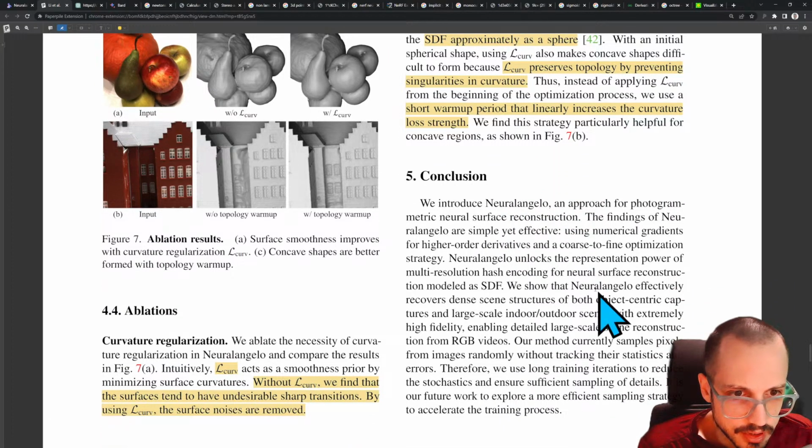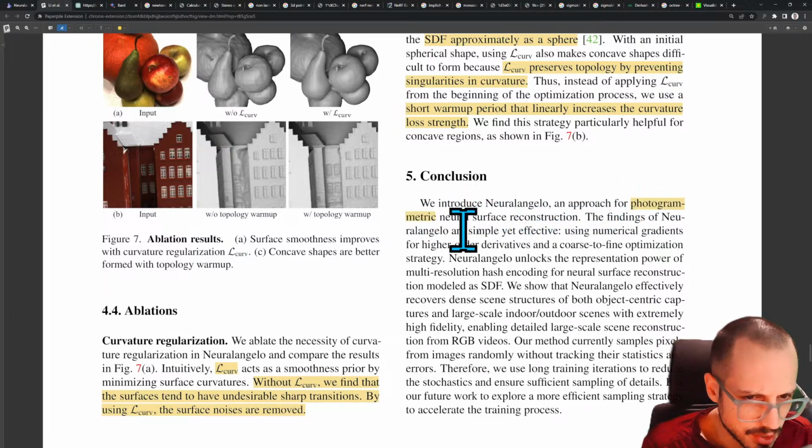Conclusion: we introduced Neuralangelo, an approach for photogrammetric... Is this even a real word? I feel like I would have used photogrammetry-based, or I would have just said neural surface reconstruction. I don't know why they have to say photogrammetric. I guess it's because they're doing it from photos. Okay.